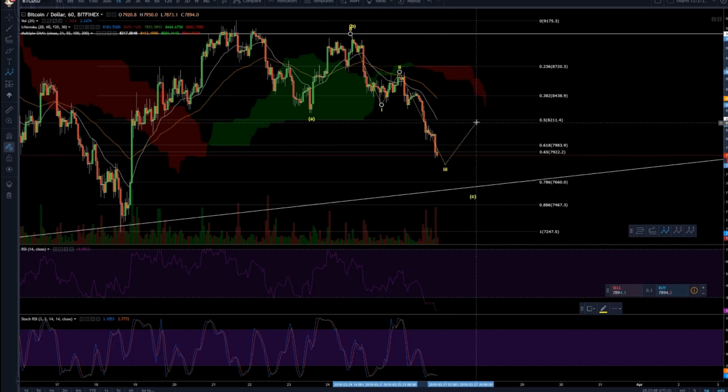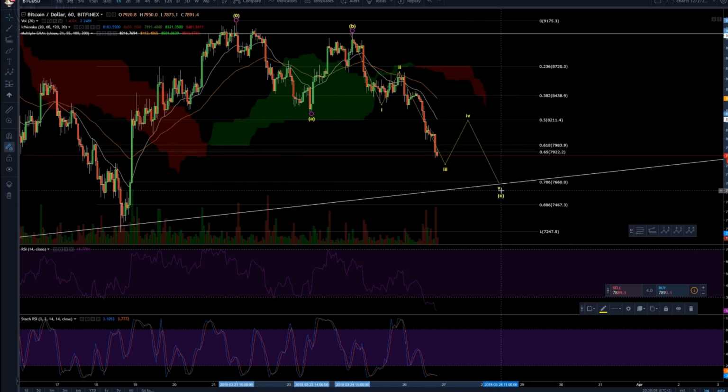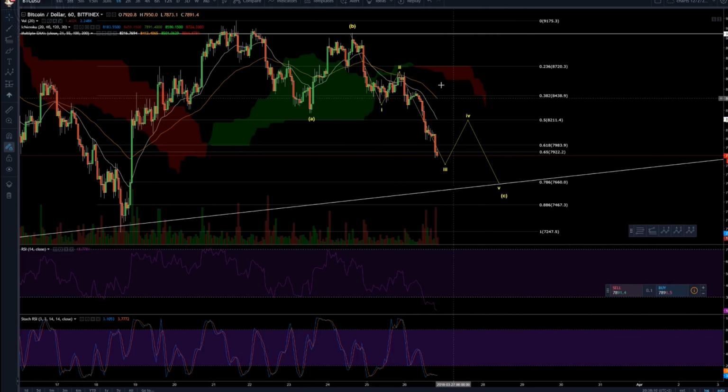These highs. Then we'll go back up to 8.2 to test both the cloud here, the 21 EMA, the 0.5. It's all very likely, and then have a very last smackdown into the 0.786, where the letter C is as well, right? The letter C is right here.